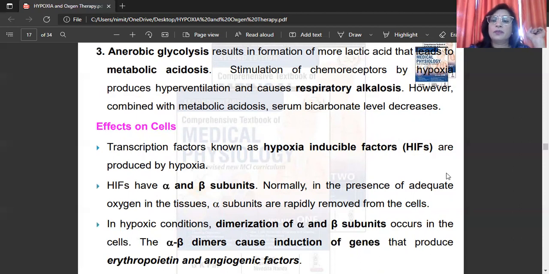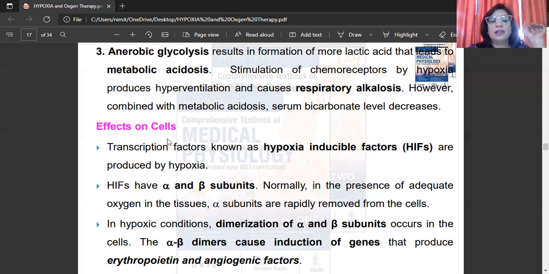Stimulation of chemoreceptors occurs, producing hyperventilation. So additionally, what will we get? Yes, students, we will be seeing hyperventilation, which causes respiratory alkalosis. However, it combines with metabolic acidosis and serum bicarbonate level will decrease.